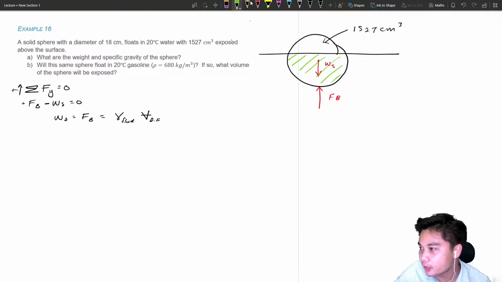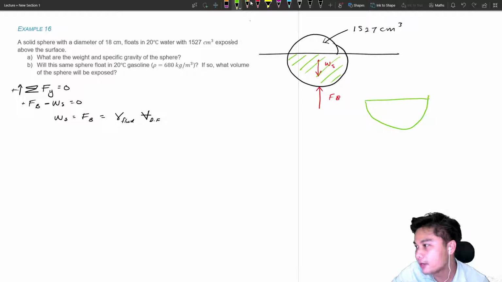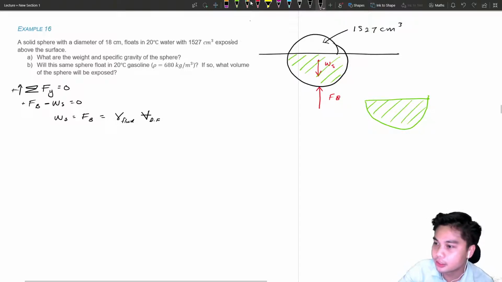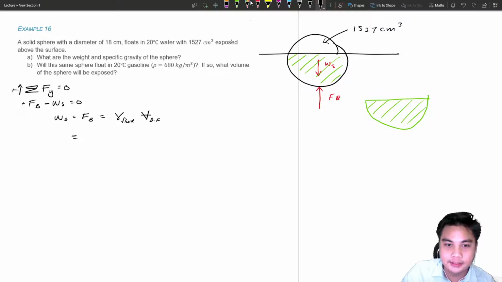We need only this displaced volume, because this object displaces this much volume. For the fluid, standard water, gamma is 9810, multiplied by the volume.